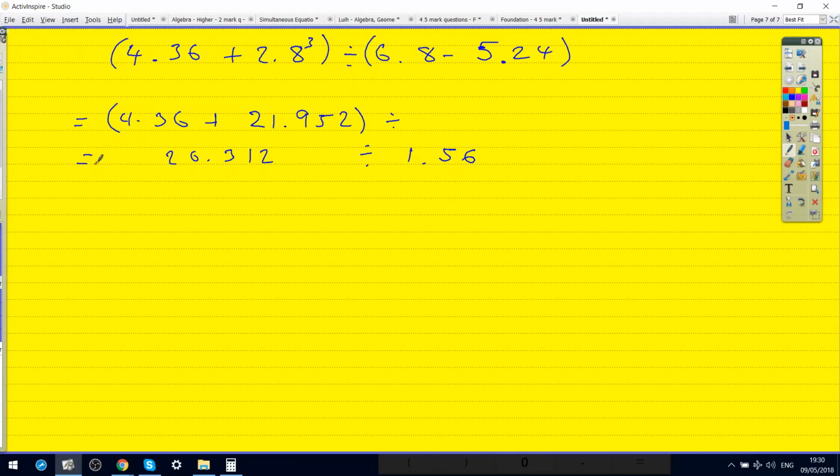And put into an actual calculator, 26.312 divided by 1.56. That's 16.86 recurring, apparently.